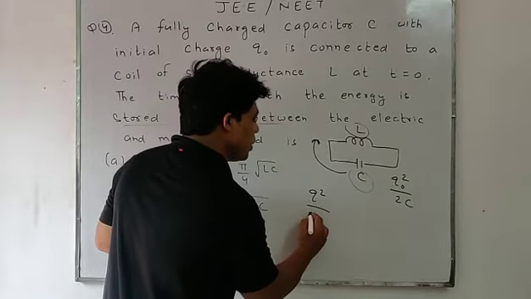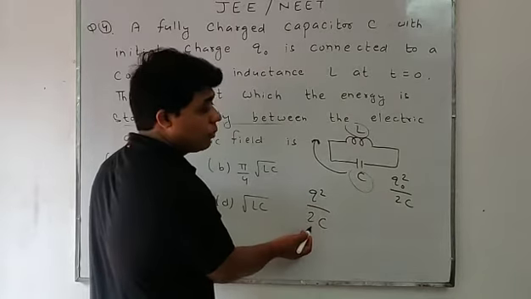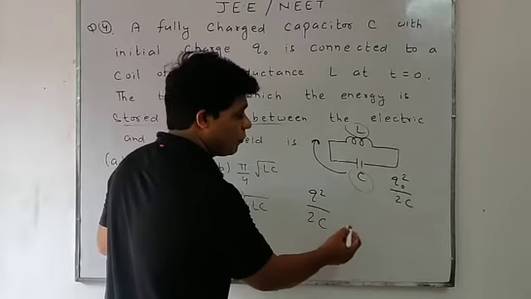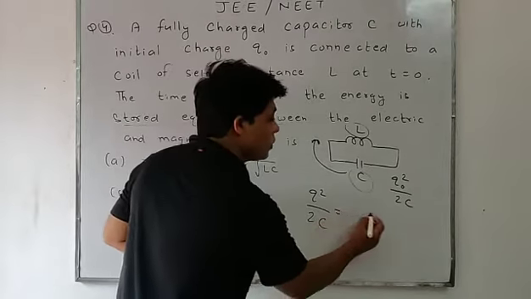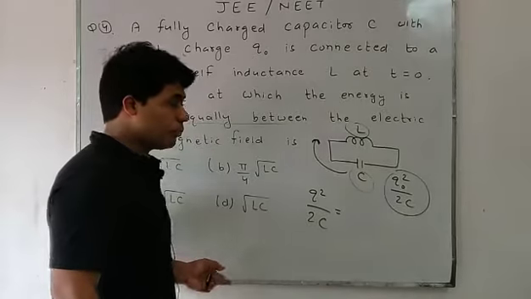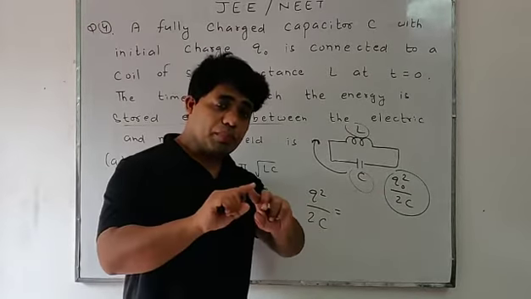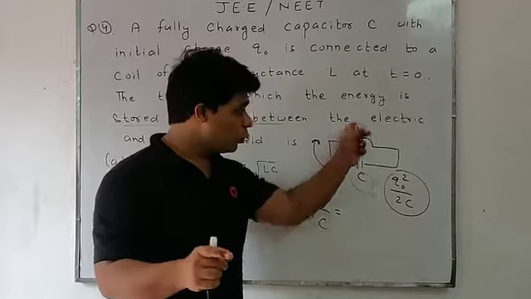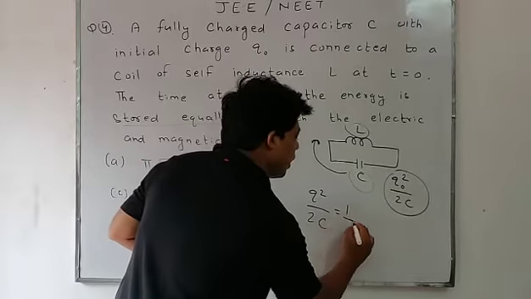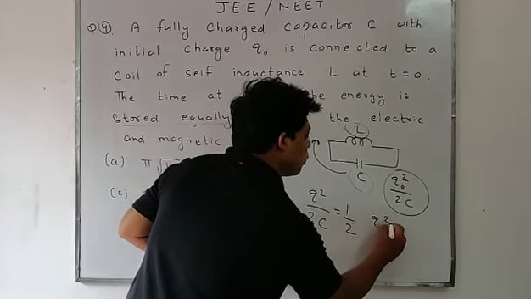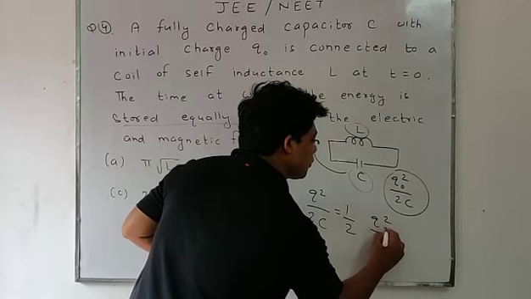Q square by 2C is the final energy, half in the inductor and half in the capacitor. Q0 square by 2C is the initial energy of the capacitor. This energy is equally divided between both of them, so you can write half of Q0 square by 2C.